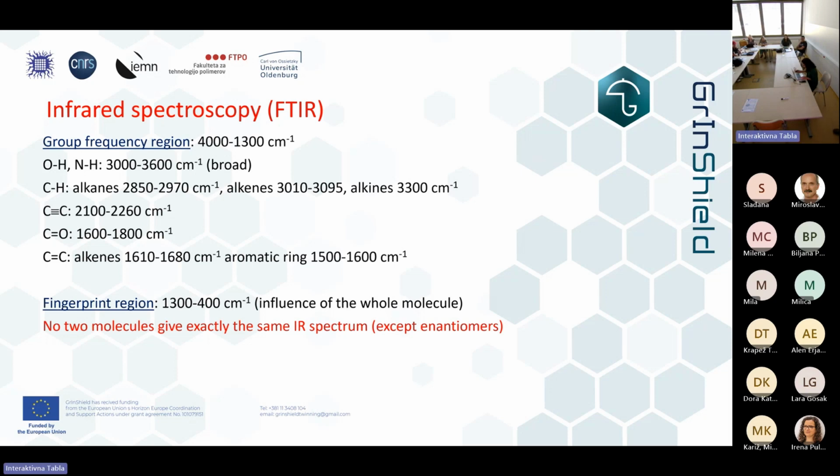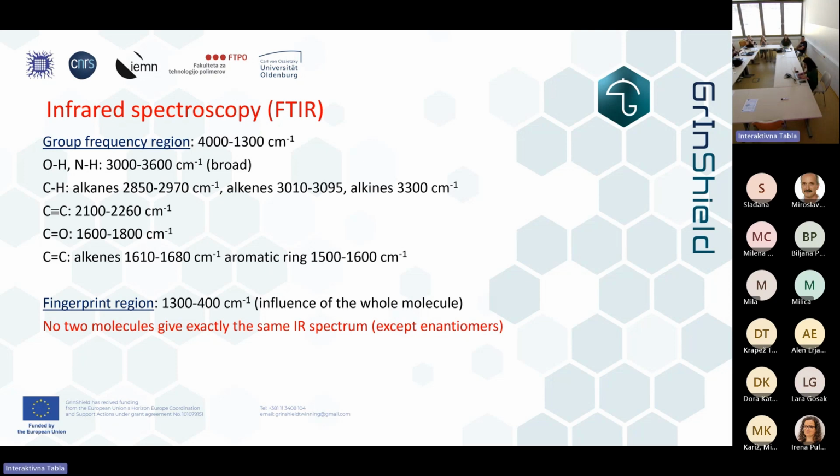And we can say that there are two parts of the infrared spectrum. One is the group frequency region from 4000 to 1300. And here, if we see a very broad band at 3000 to 3600, we know it's an OH or NH group. CH of alkanes is here at 2850 to 2970. Alkenes are slightly above 3000, and for a triple bond there is a band at around 3300.